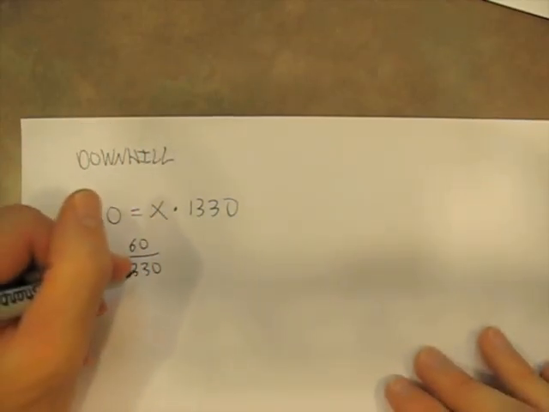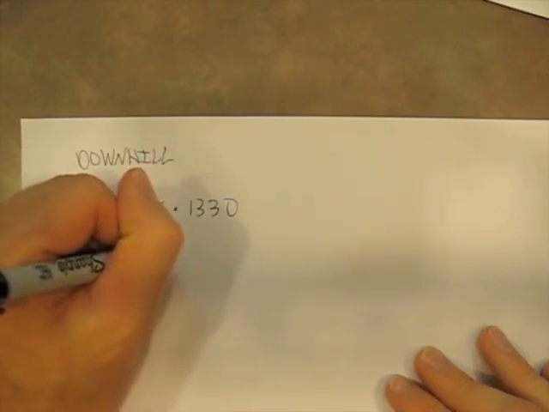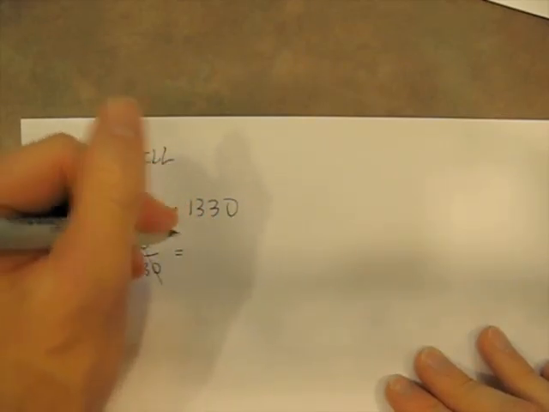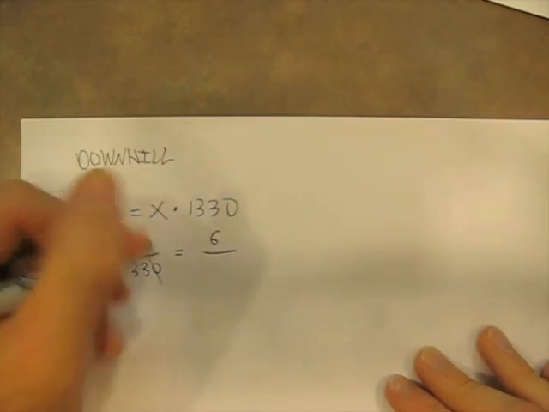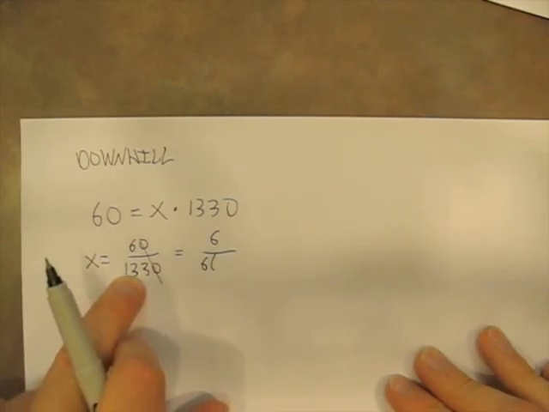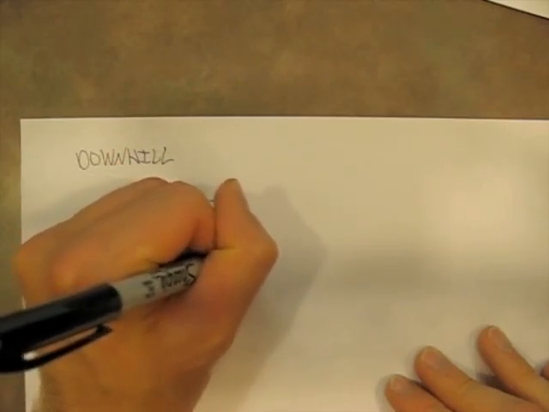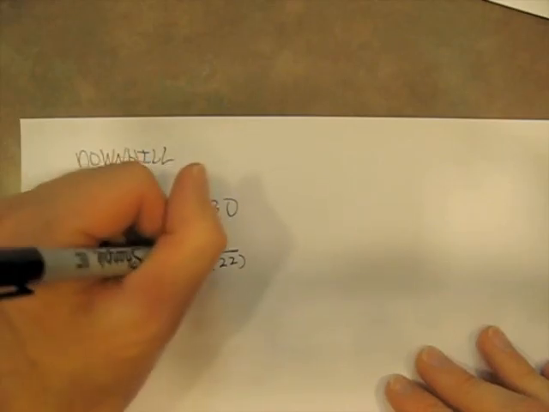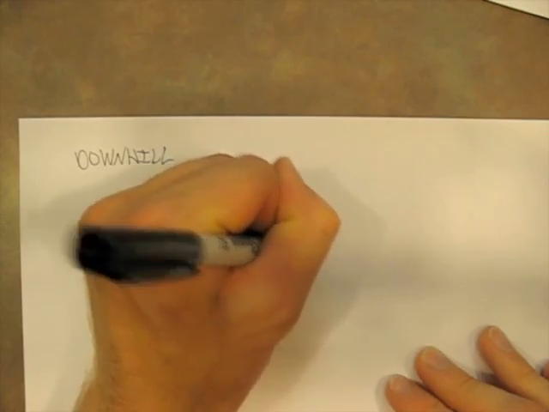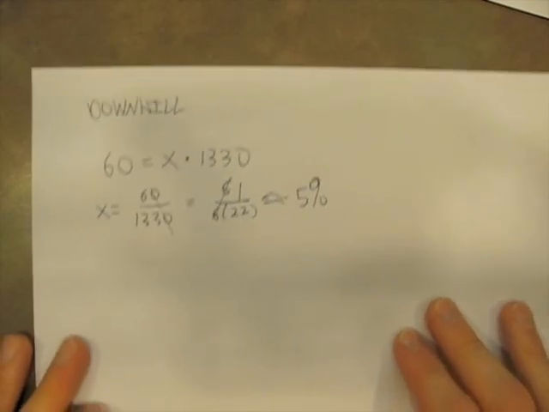So that's going to be about, well, if I just do some fancy math for you here, 6 over 6 times 2 times 22 roughly. So it's approximately 5%. It's a little bit less than 5%. I could do it on a calculator. You can do it on a calculator.